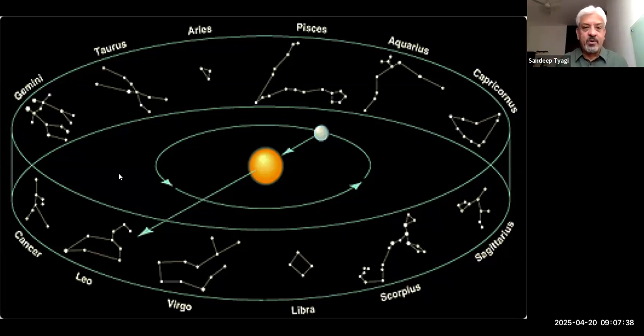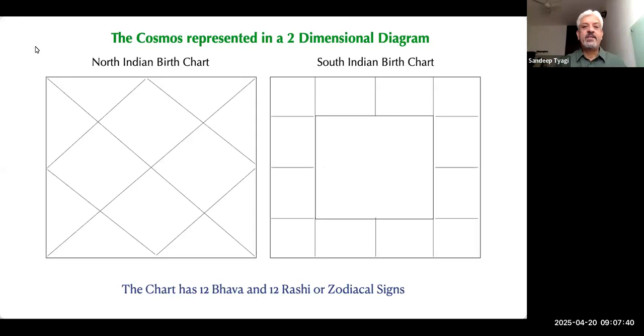But before we go into all of that, just a quick idea of what the two-dimensional representation of a horoscope looks like. Now, there are two formats essentially that are followed globally. Any conference you go to, someone's class that you attend at some point in time, they would use either of the formats. The formats represent the same principles and the same ideas, but the representation is done in a different way.